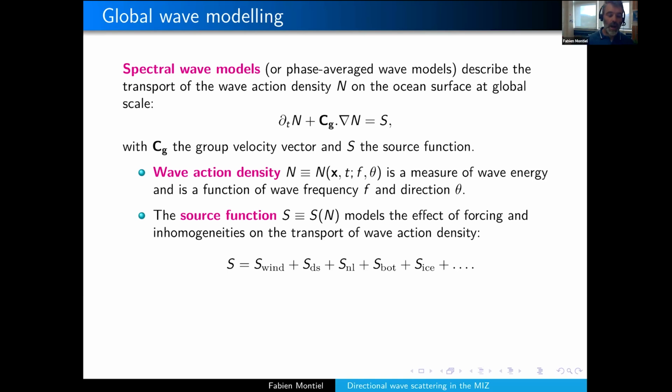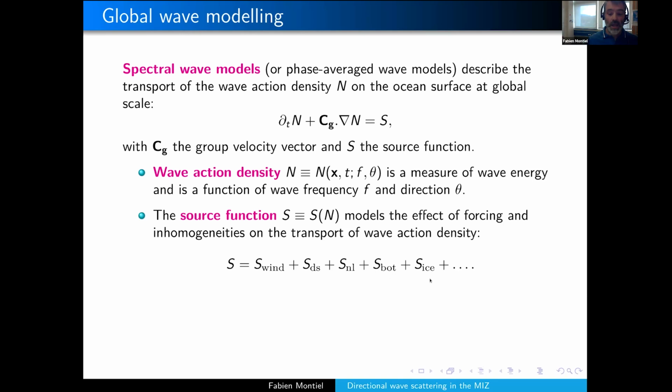There are many different source terms which make up S in WAVEWATCH, although you don't have to use them all the time, but here are a few of them. Of course there is a forcing from the wind. SDS represents the dissipation due to whitecapping. There are some nonlinear interactions, some effect of the seafloor, especially near the coast.